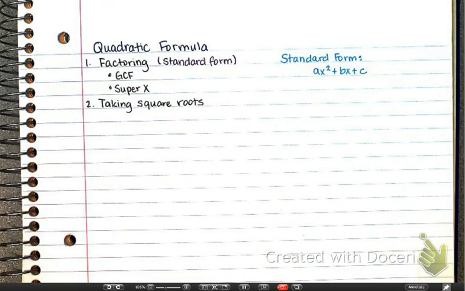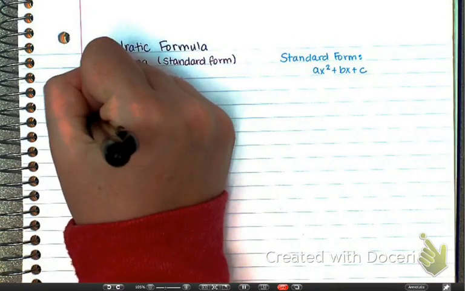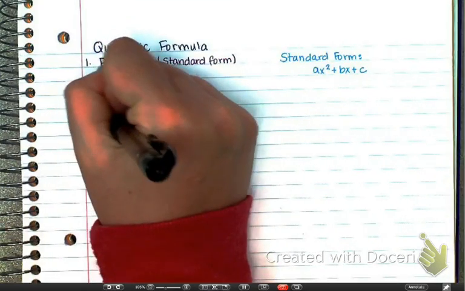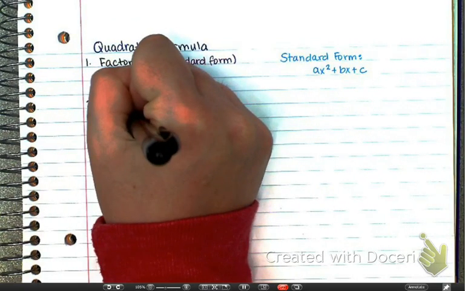Okay. The third one we talked about was completing the square, so that's what we finished up with last week.